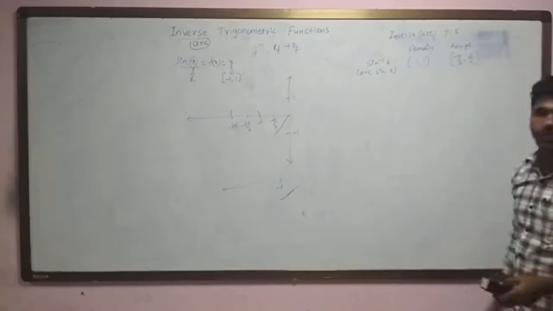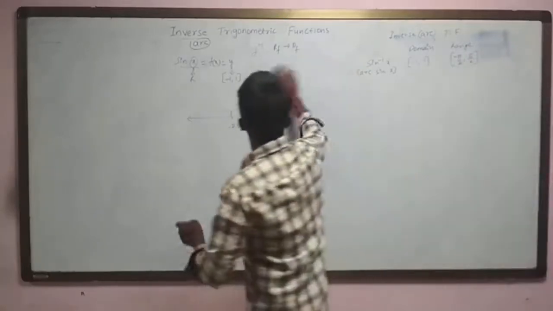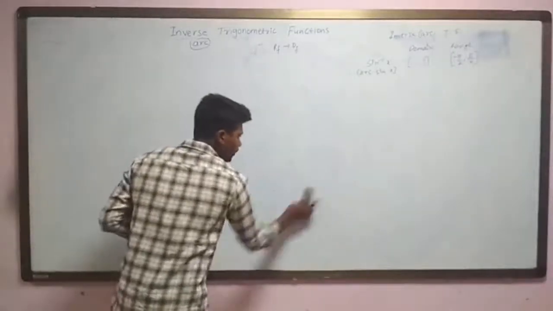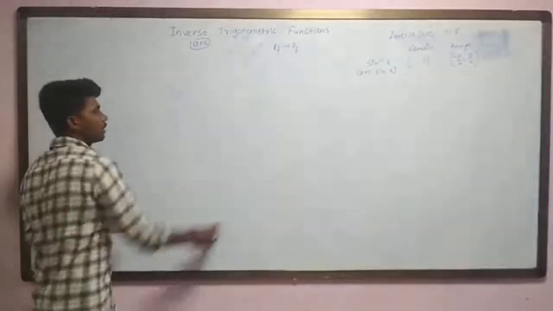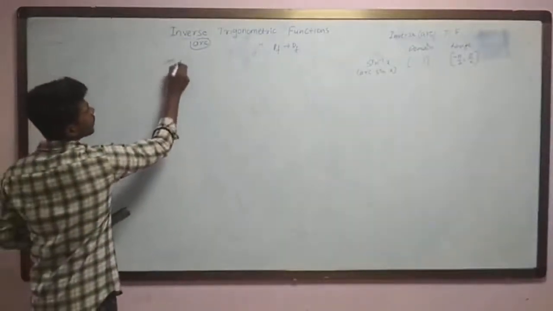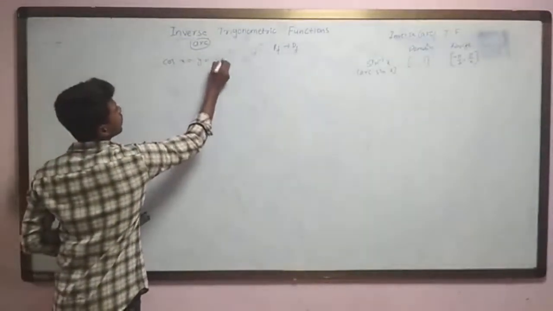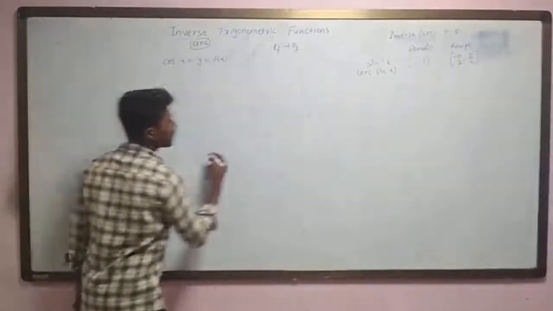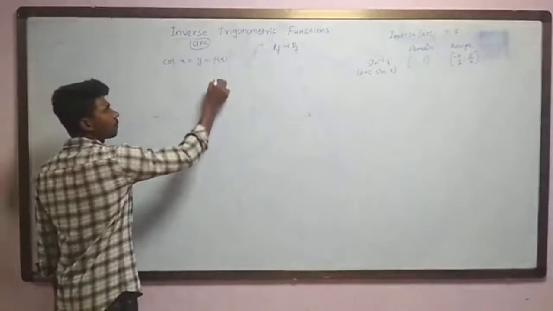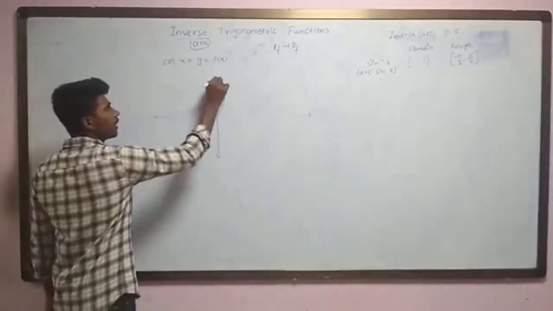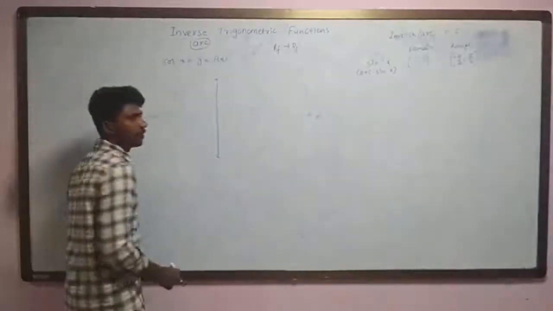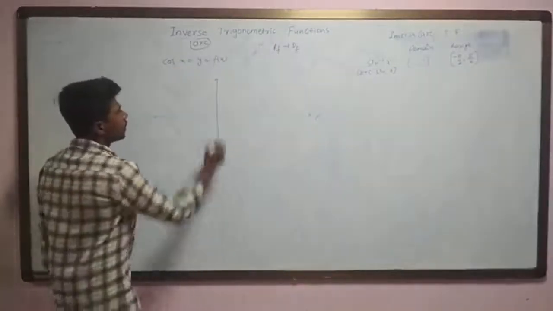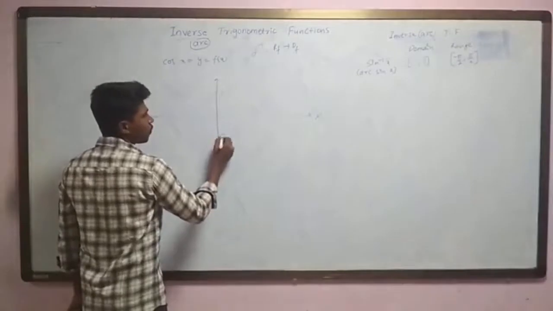In the same way, we shall discuss cos and its inverse. Cos function. So what is a cos function? Cos x is given as y, which is f of x. If I draw its graph, taking angle on x and resultant on y, what do I get?